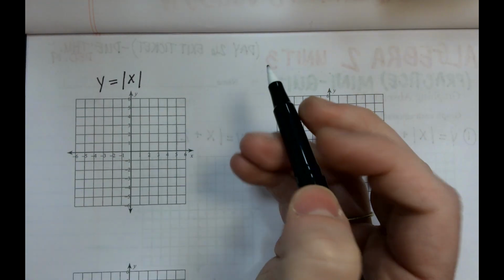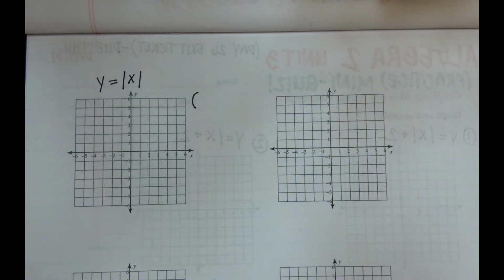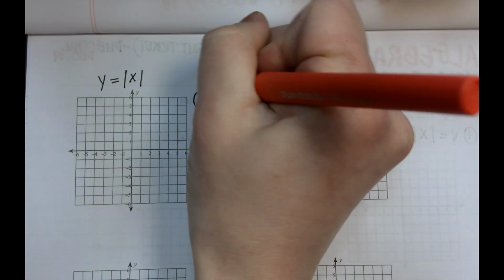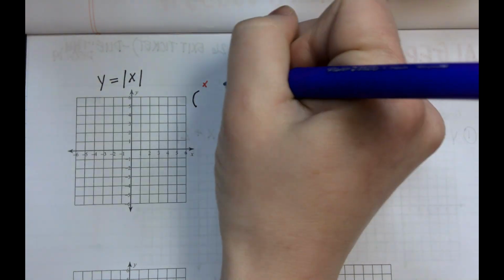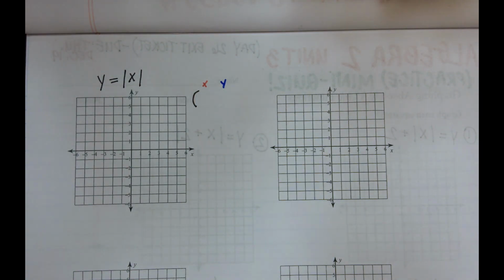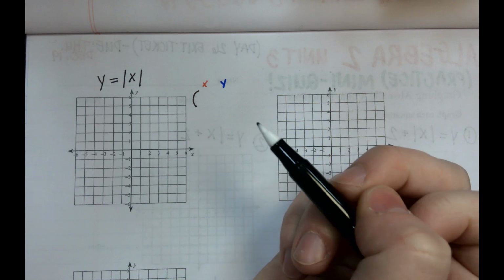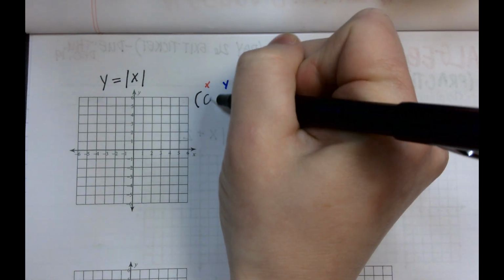And then we're going to start by coming up with some coordinates so that we can graph this properly. And remember, our coordinates are written as x first and y second. So when we find coordinates, we want to start by picking a random number for x. I think we should start with 0.